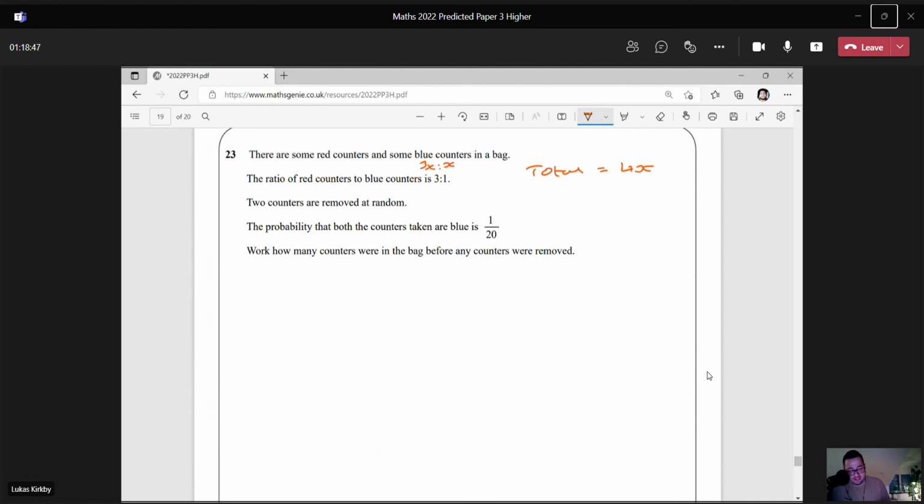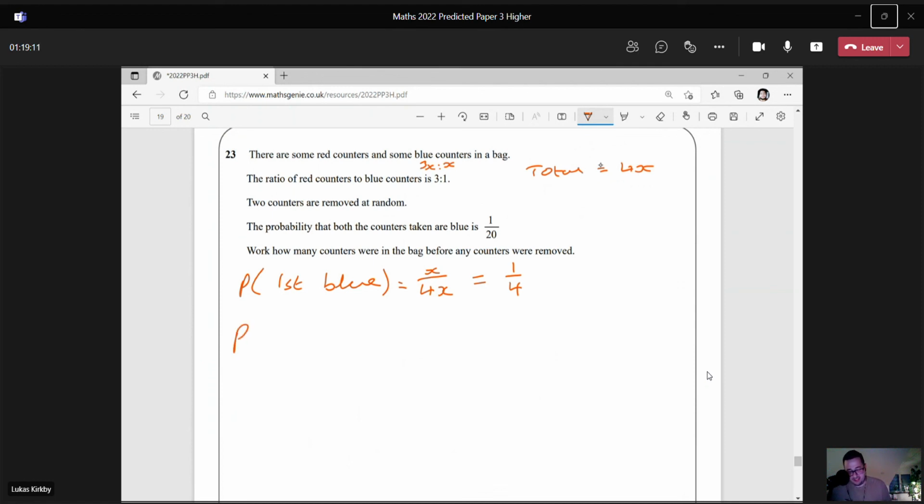The probability that the first counter is blue: blue is 1x and the total is 4x, so this is x over 4x, but cancel out the x's, this is 1 over 4. So the probability that the first counter is blue is 1 over 4.